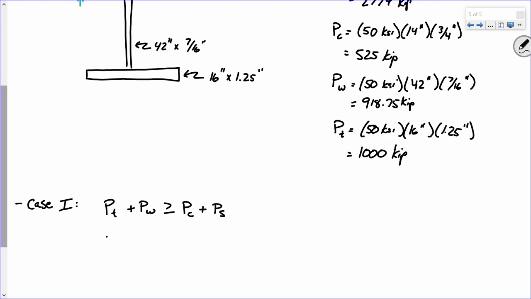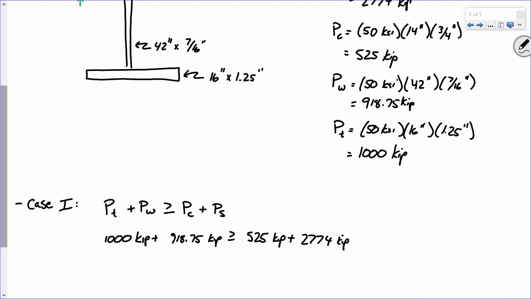What's PT? It's 1,000 kips plus 918.75 has to be greater than or equal to 525 plus 2774.